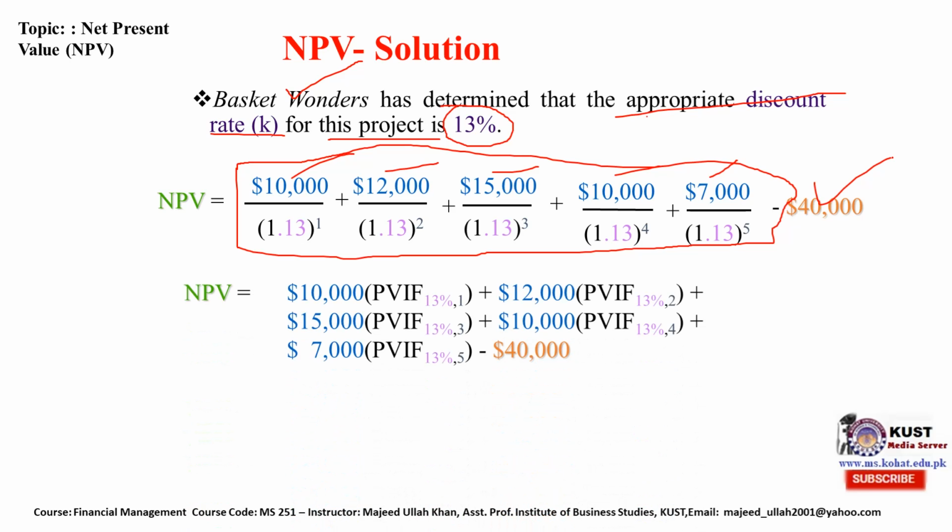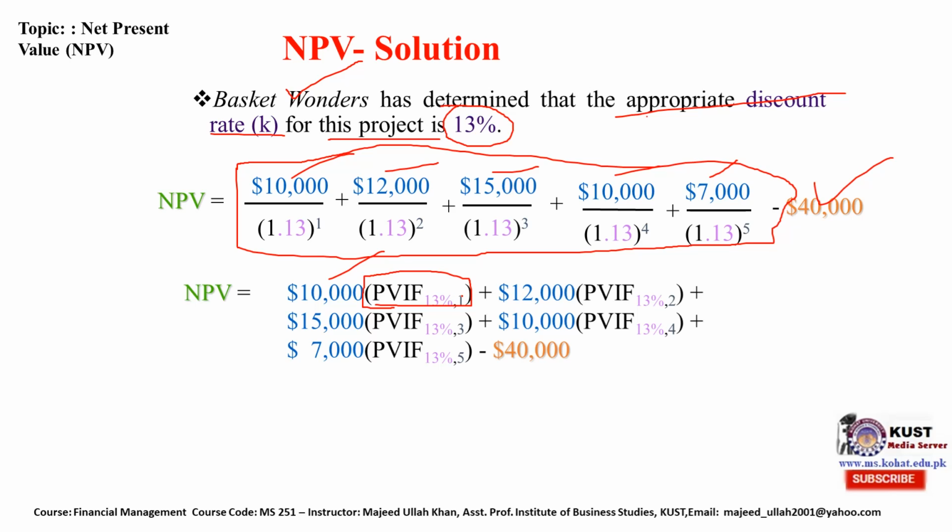So moving further, the best way is this: 10,000 for the first year, the present value interest factor will be extracted from the table for 13% and for 1 year.